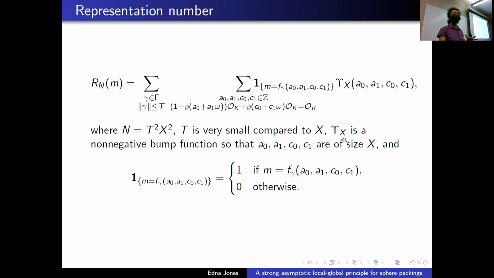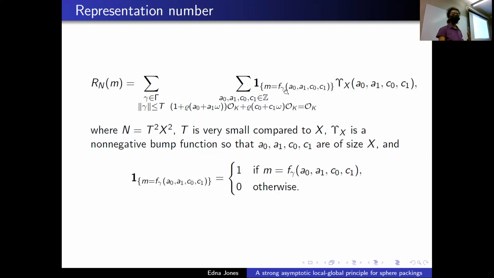Upsilon sub x is a non-negative bump function that pretty much says that a0, a1, c0, c1 are all about the size of x when I'm doing this count. And this thing here is my indicator function that pretty much is 1 when m is equal to my quadratic polynomial and 0 otherwise.